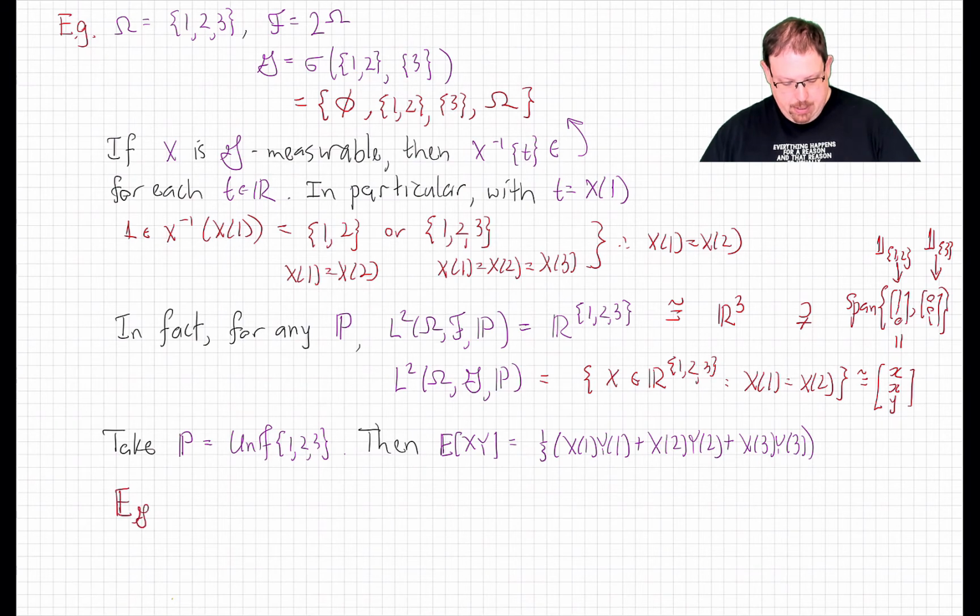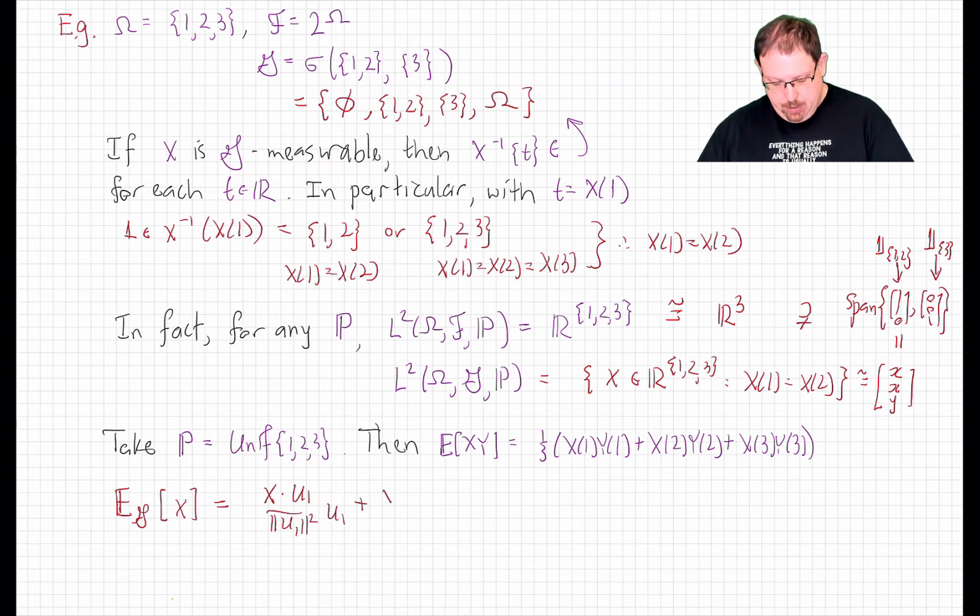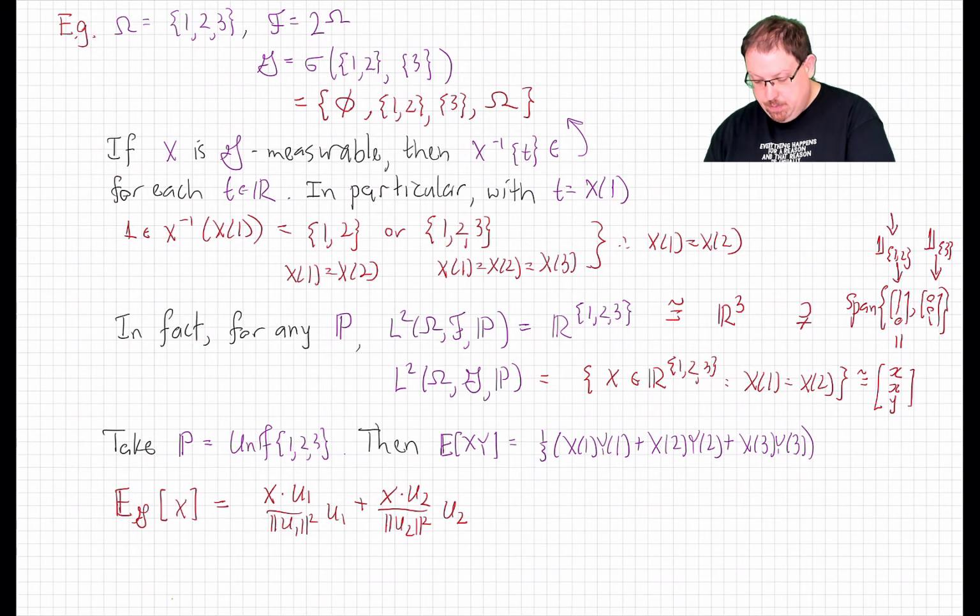The conditional expectation of x given G is the orthogonal projection, which has the following formula: x dotted with u1 over the length of u1 squared times u1 plus x dotted with u2 over the length of u2 squared times u2, where I'm just calling these two vectors here u1 and u2.